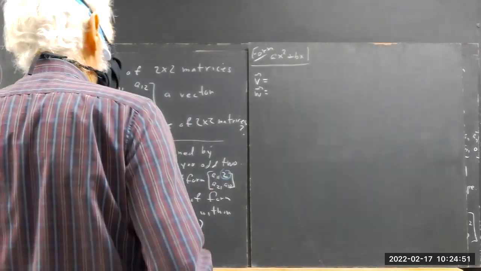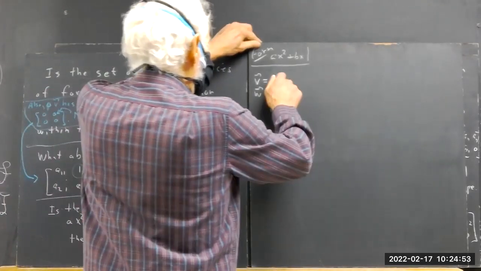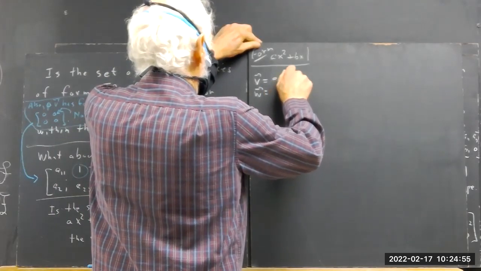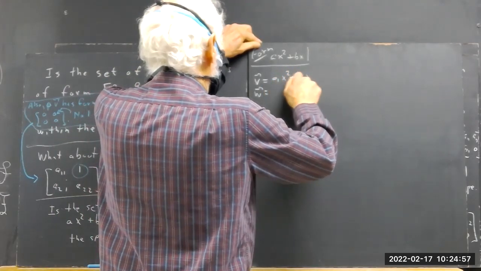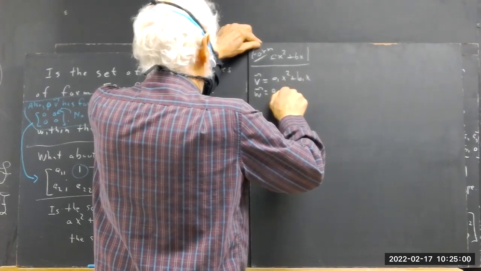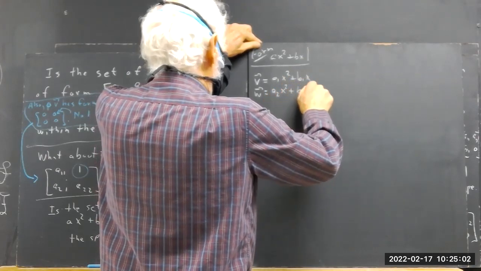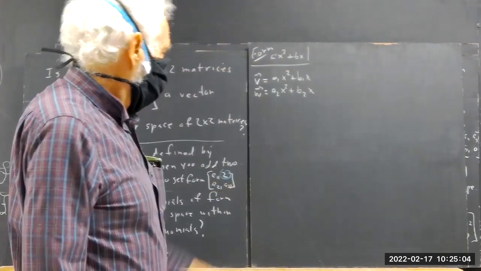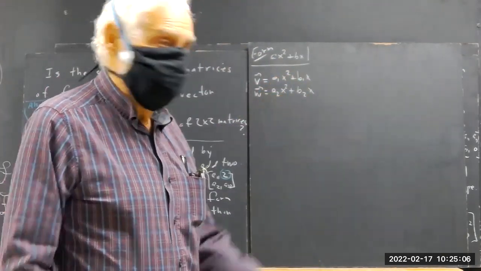Okay, everybody did that nicely. They did it quickly. I'm going to call this A1x squared plus B1x and A2x squared plus B2x. Some people use C, D, E, and F for coefficients, and that would be fine.